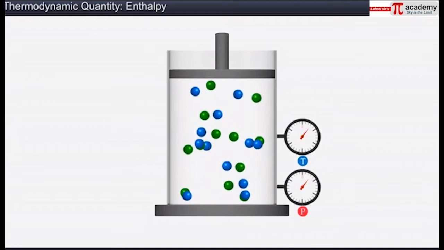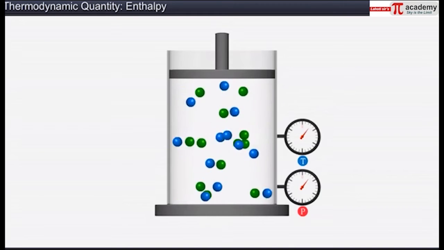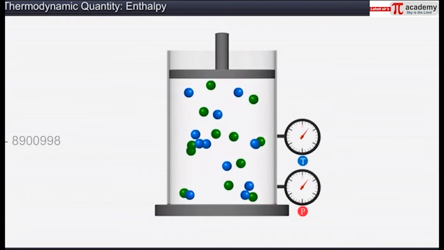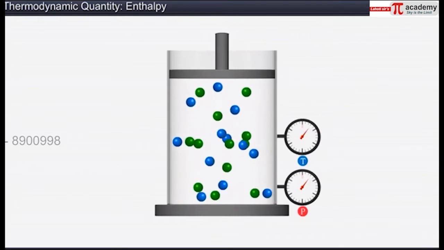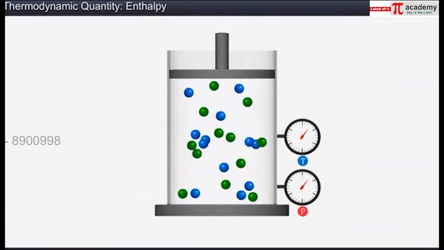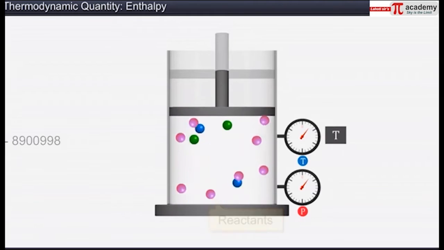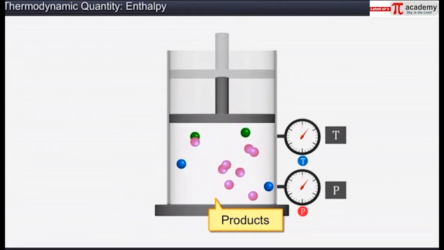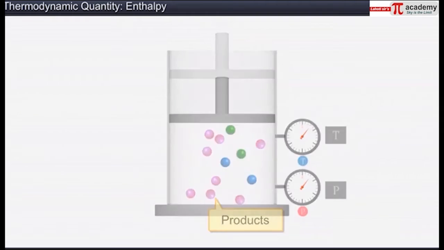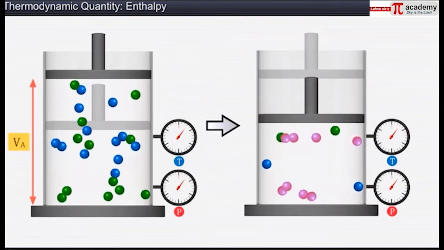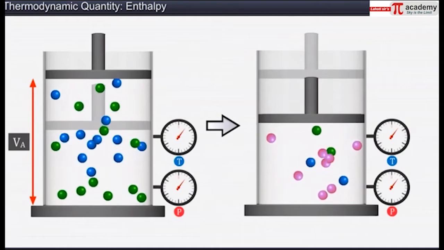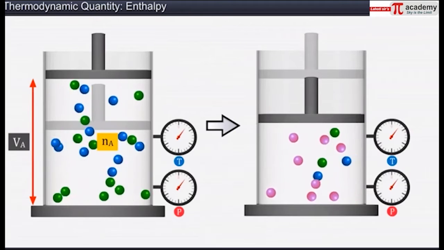The difference between the change in internal energy and enthalpy becomes significant when gases are involved in the reaction. Let's consider a chemical reaction occurring at constant temperature, T, and constant pressure, P. Now, let's say that the volume of the reactants is VA and the number of moles in the reactants is nA.